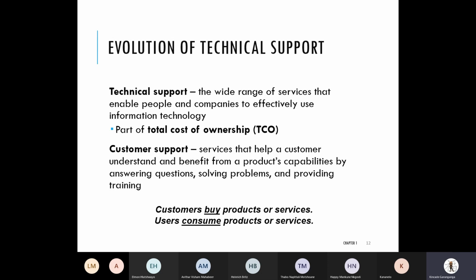again, like we were mentioning before, it is a wide range of services that enable individuals and organizations to make effective use of ICT at large. And it provides what they call part and parcel of the total cost of ownership when it comes to technology.